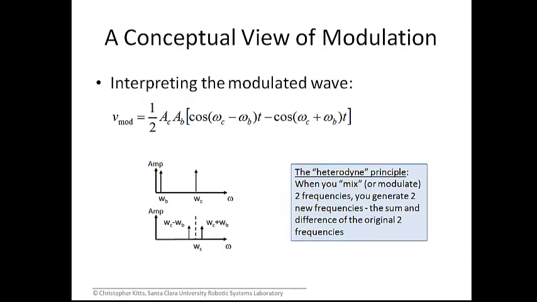But when I mix them, when I modulate them, the resulting waves are at the frequencies of the carrier wave plus the baseband wave and the carrier wave minus the frequency of the baseband wave. So I've gone from two specific frequencies for the baseband and the carrier to the output, which is two new frequencies centered around the carrier.